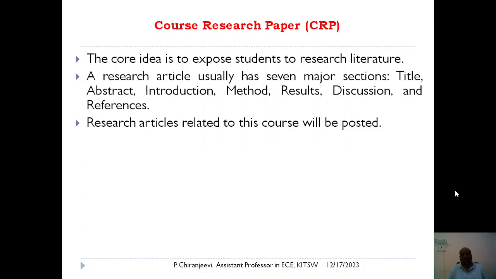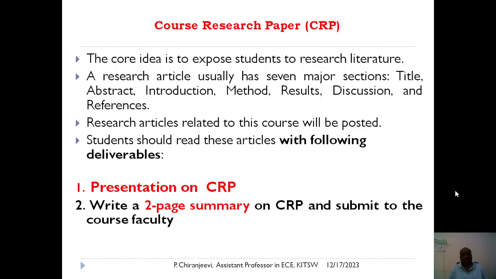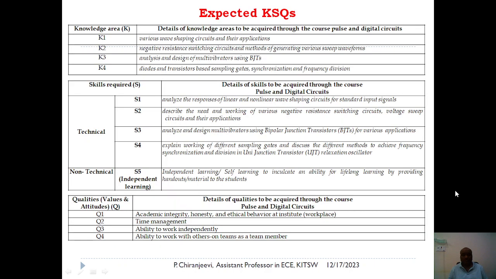You are expected to go through all these seven major sections with the following deliverables. One is presentation on CRP will be conducted as the course progresses, and you need to write a two-page summary on the CRP and you need to submit it. And there will be a compulsory question on this CRP in mid-semester 2 examination.